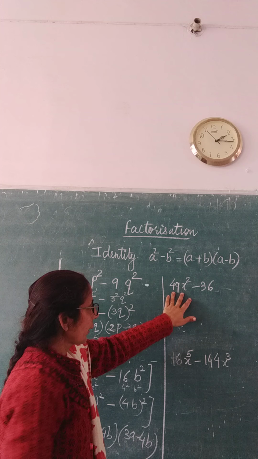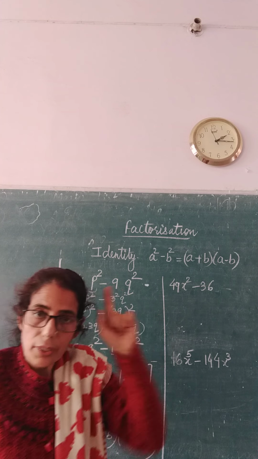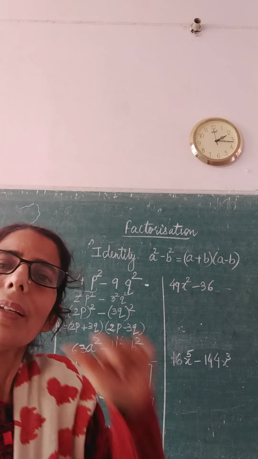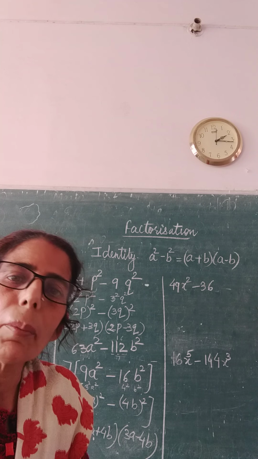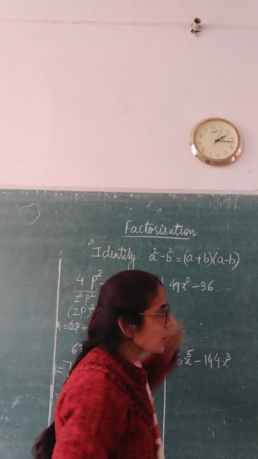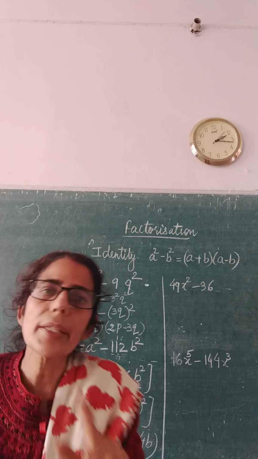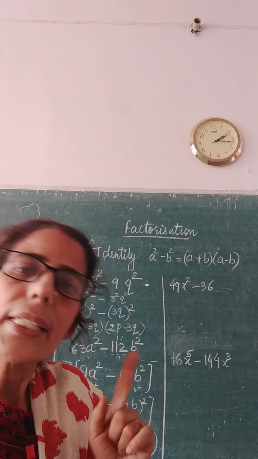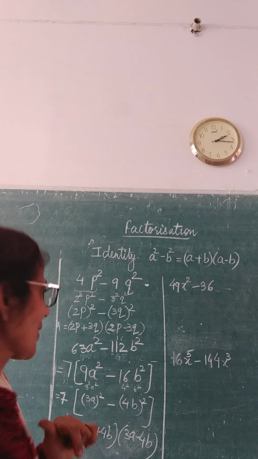Similarly here, 49, check. Is 49 a perfect square number? Yes, 49 comes in the table of 7. 7 sevens are 49. Is 36 also a perfect square number? Yes, it comes in the table of 6. 6 sixes are 36.